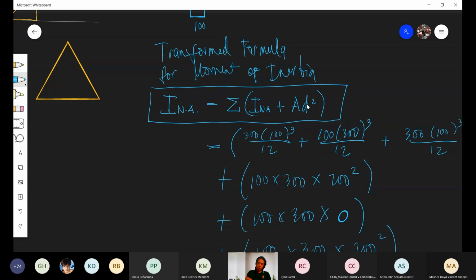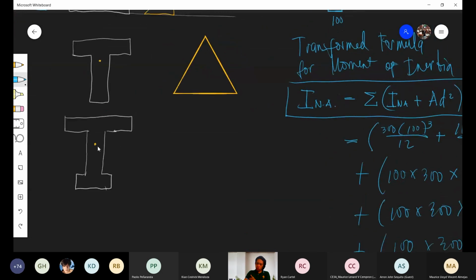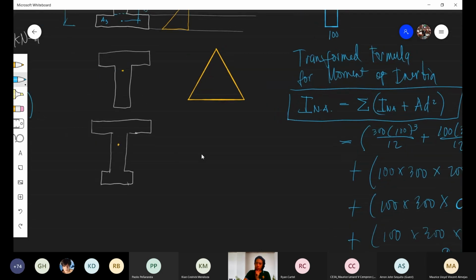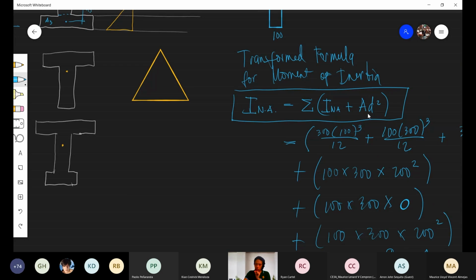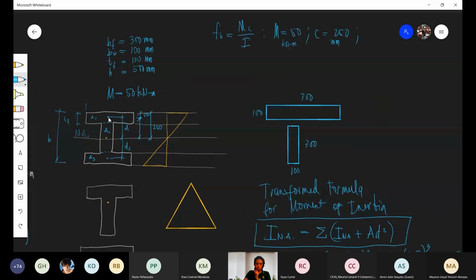You can only determine d if you know the location of the centroid. If you can't locate it, you can't answer. What you are asked to solve is the percentage.